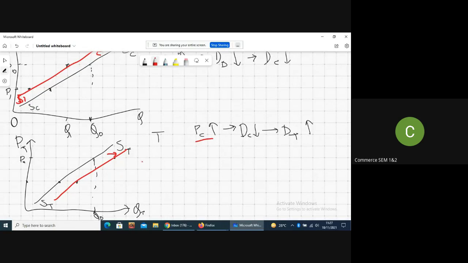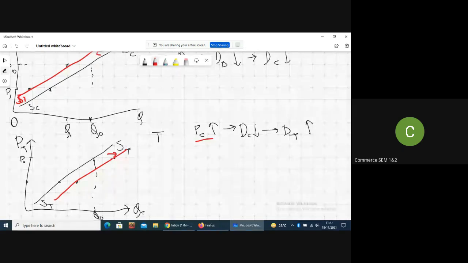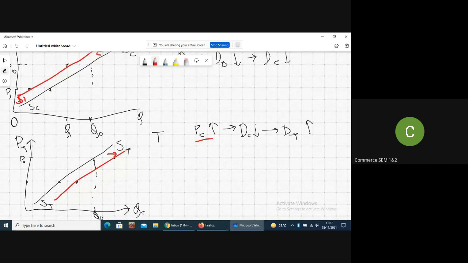But one thing you must remember: in the previous class, those shifts in the demand curve were instantaneous. But here, the change in supply will take some time, because you cannot increase the production of tea overnight. For that, you have to plant a tea garden, and after say 4 or 5 years, you can expect to have higher production of tea.